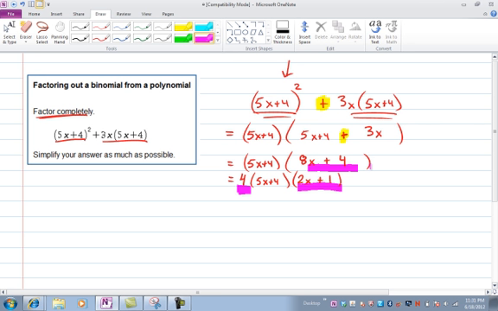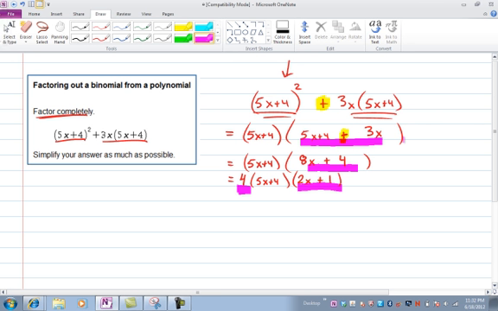And now you got to get creative to say that, well, you could, if you wanted to, split the 8x into a 5x and a 3x and write the 8x plus 4 as an equivalent expression, 5x plus 4 plus 3x.